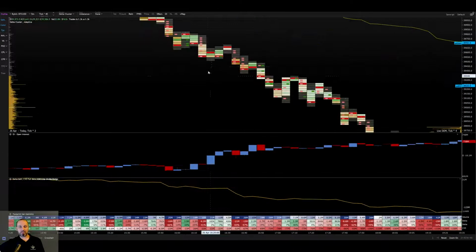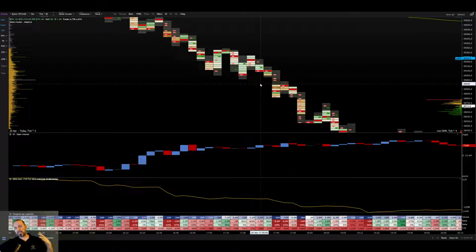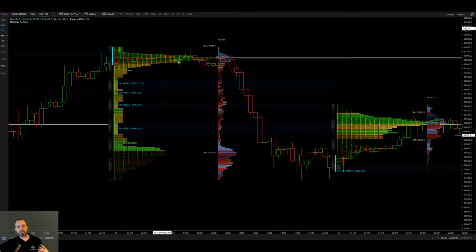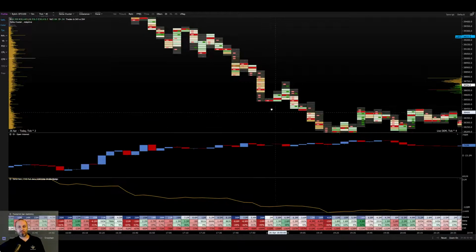So a constant increase in volume on the way down. That is building context. What that means is I'm not going to take a trade, especially when I see these single prints, because most likely I will get stopped out instantly from that trade.